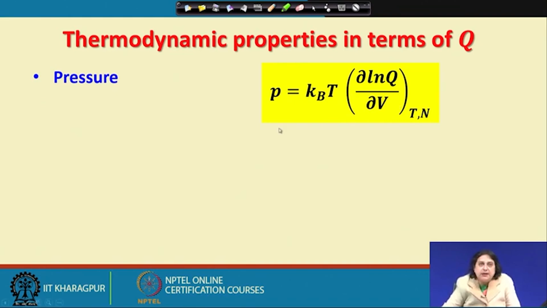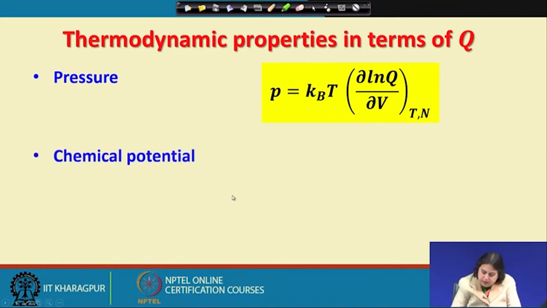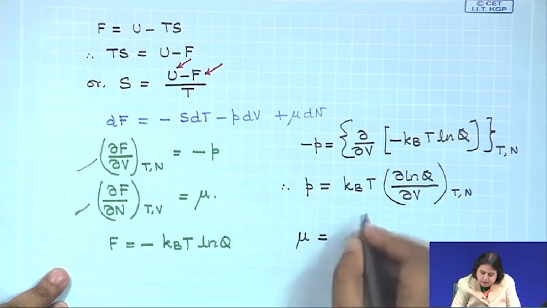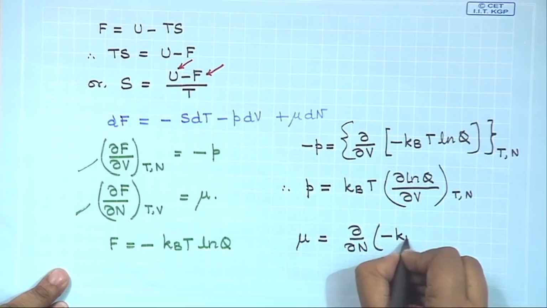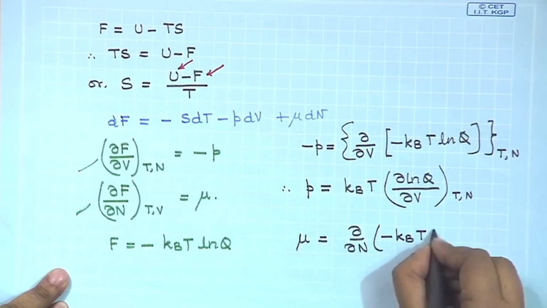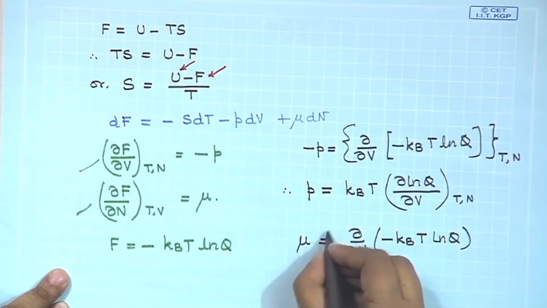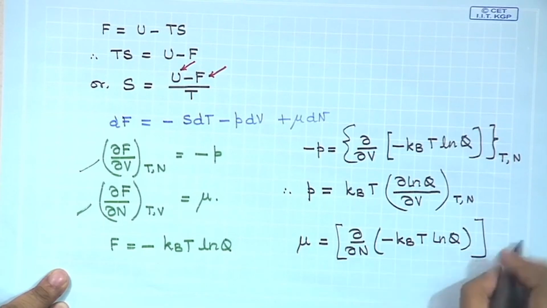Similarly, it is very easy to show that the chemical potential is given by mu is equal to del del N of minus kBT ln Q, but now the constancy is maintained for both temperature and volume.